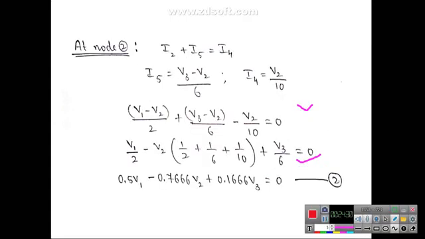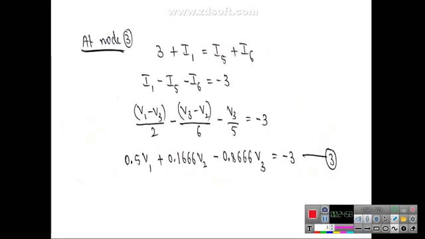Similarly, for node 2, I2 plus I5 is equal to I4. I5 is equal to this expression, I4 is equal to this. Substitute these two in the above, expand and simplify, and you will get the nodal equation corresponding to node 2.